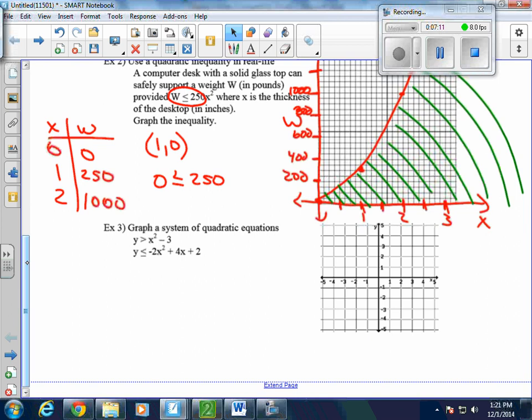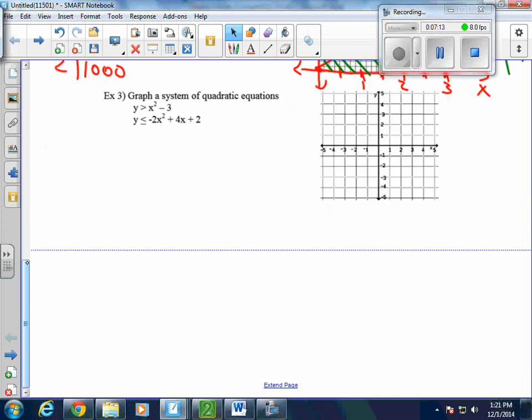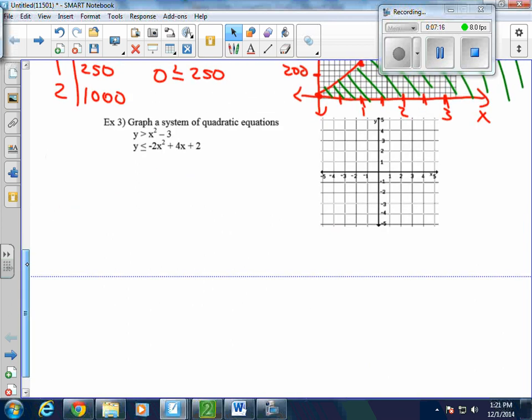So now when we jump down to example 3, we're going to be graphing multiple equations or inequalities. We're going to take the first one and graph it in blue. We know that this one has a vertex of (0, -3) because there is no b. It's going to open up.